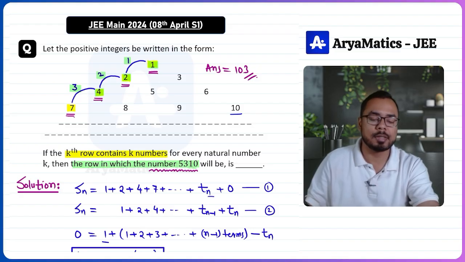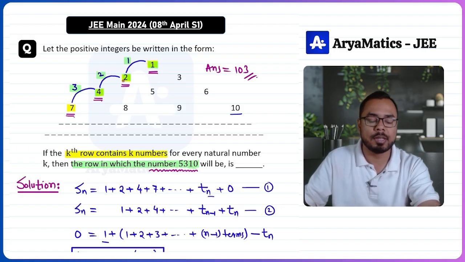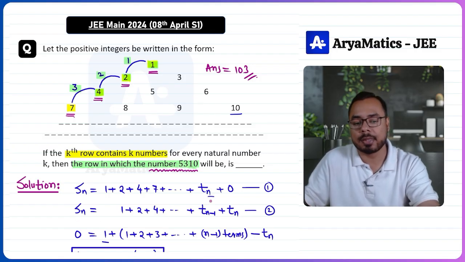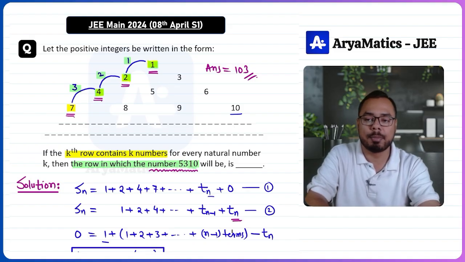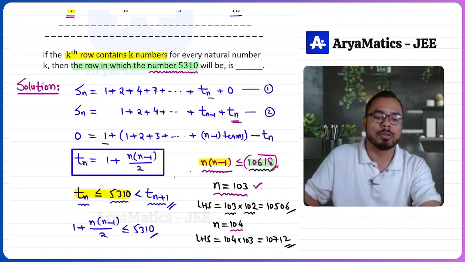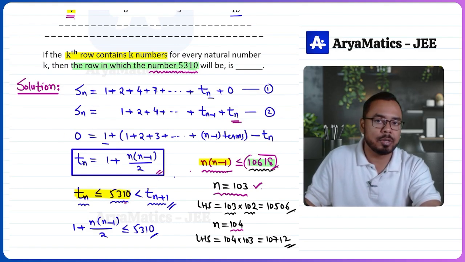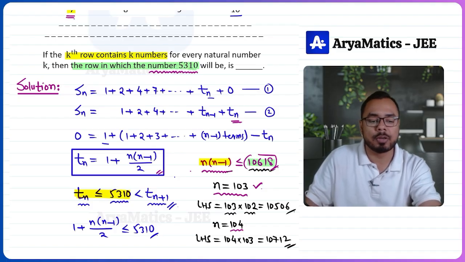Right? So this was a very interesting problem. First, we had to make this observation that for the sequence of the first element of each row, the difference is in AP, and therefore to find the nth term of this sequence, we can use the standard method when the difference between any two consecutive terms is in AP. So we got Tn as this one, and now if 5310 is in the nth row, then this number should be greater than Tn and less than Tn plus 1.